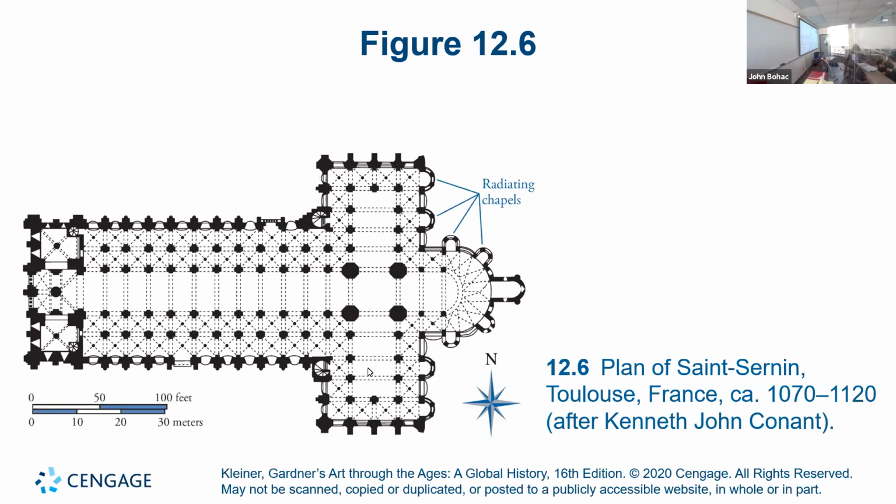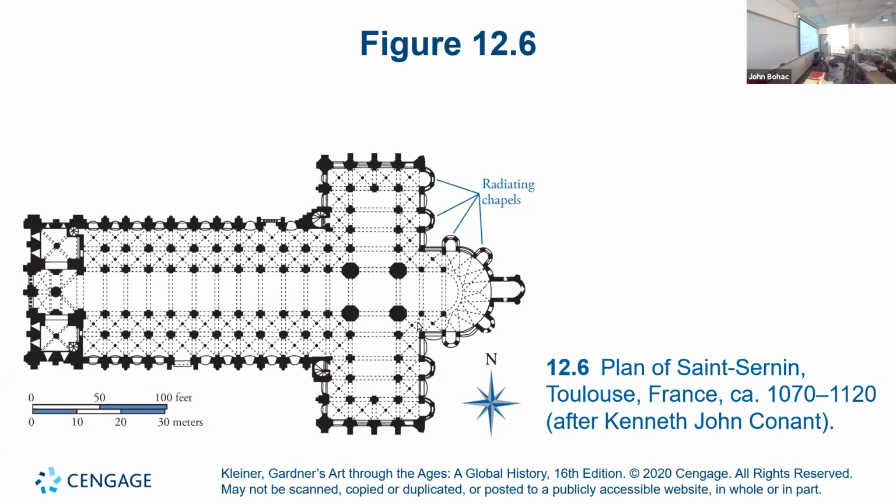That is, the building itself is in the shape of a cross, and we have this ambulatory area behind the altar, and in this area, you see up here and around here, that's how you would walk and pray through here.